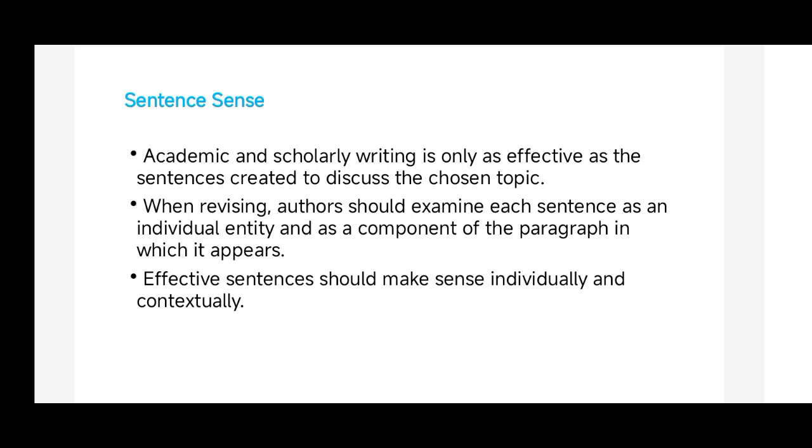That kind of sentence sense: paragraph unity, sentence cohesion, and sentence sense also. An effective sentence should make sense individually and contextually. We have to check into that kind of things also.